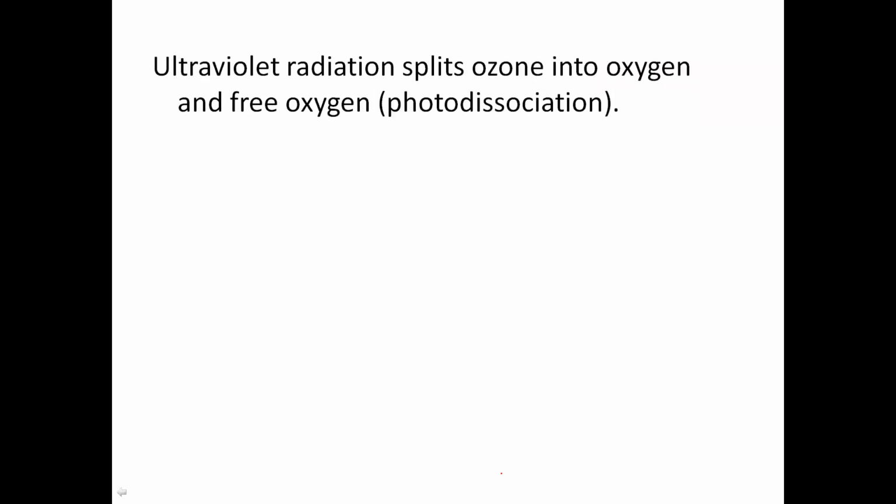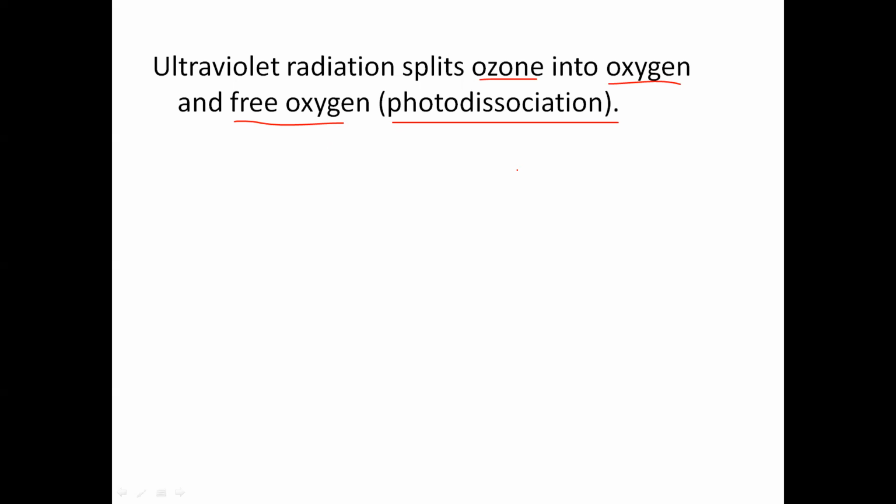For the next statement, this is ultraviolet radiation splits ozone into oxygen and free oxygen. Take note of this. The one is oxygen, the other is free oxygen. This is a process called photodissociation. And you're studying this when you study the atmosphere, in the stratosphere, there's the ozone layer.